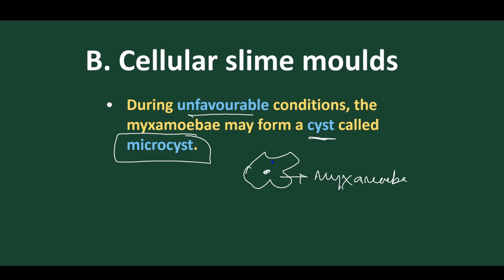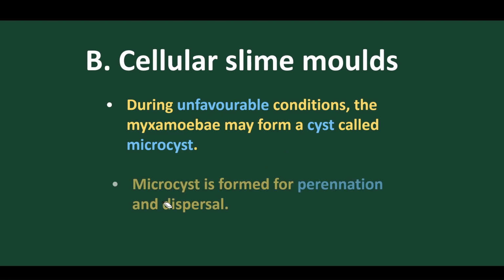When the condition is adverse, they produce a cyst, and this is the cyst. And this organism together with the cyst is called a microcyst. Got it? Without the cyst it is called a myxamoeba. But when the cyst is formed due to unfavorable conditions, this together is named a microcyst. Got it? Clear?